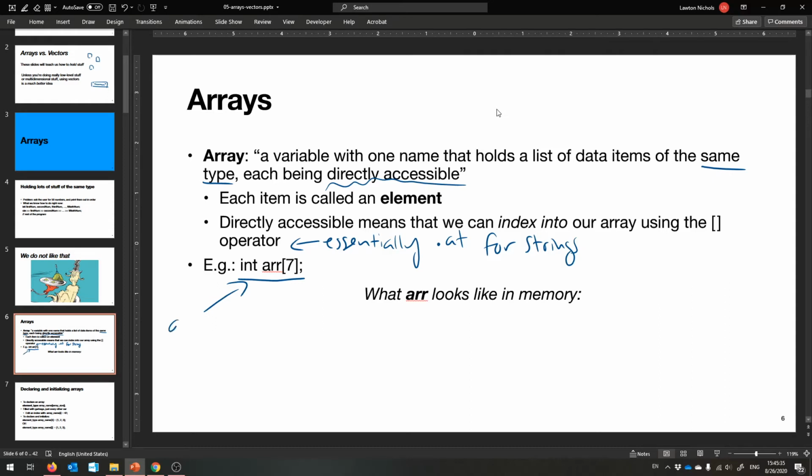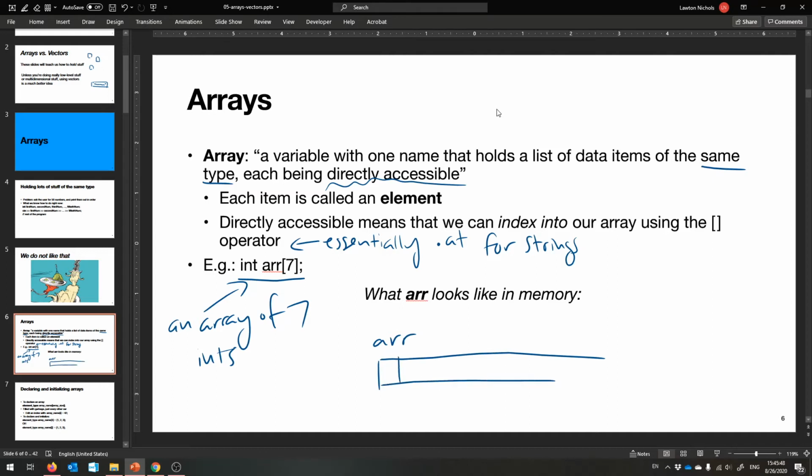Okay, an array of 7 ints. All right, so arr in memory is going to be this. It's got space for 7 things: 1, 2, 3, 4, 5, 6, and, well, 7.